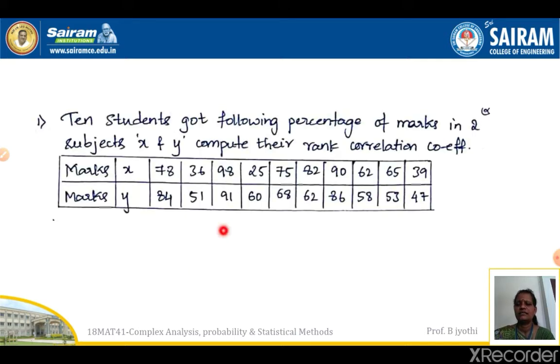Let's take another example. 10 students got the following percentage of marks in two subjects x and y. Compute their rank correlation coefficient.